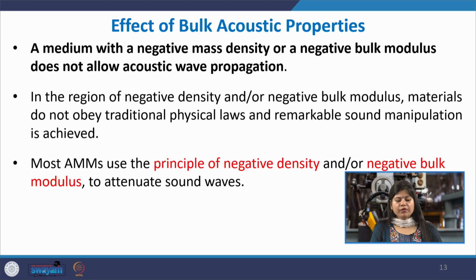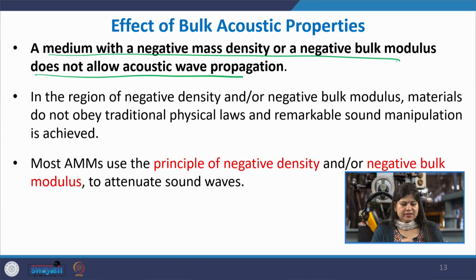Okay. So now we know that if either rho effective or the B effective becomes negative, we can stop the propagation of sound waves. They will not allow waves to propagate if we have a negative mass density or a negative bulk modulus. So in the region of negative density and or negative bulk modulus, the materials do not obey these laws, and this is the principle of AMM.